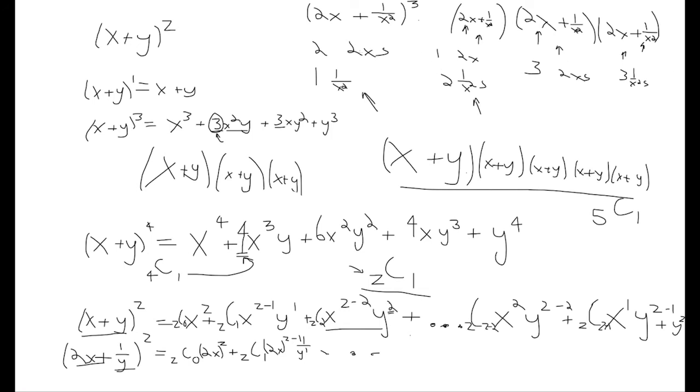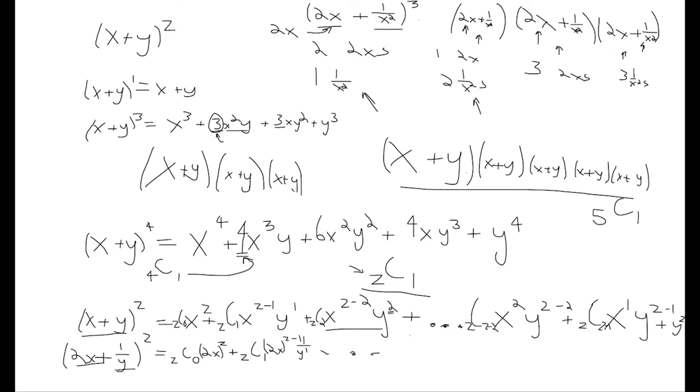You wouldn't actually have to write them all out to find out which one has x's that cancel, by the way. You can also just find out how many x's there are over here, and how many 1 over x squareds there are here. And you would need to find out a combination of the two where, in this case, we know that there have to be 2 times as many of these as these over here, right?